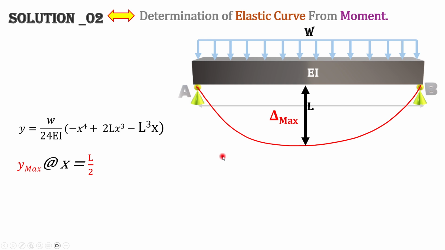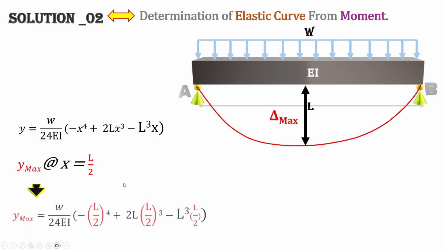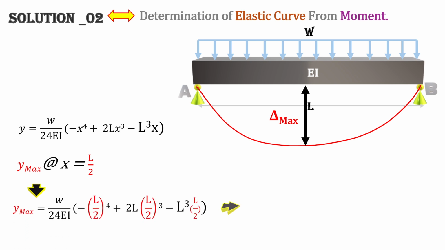We know that the maximum deflection occurs at the center due to the symmetry. So y max is at x equal to L over 2. And by replacing x with L over 2, we reach delta maximum or y max, which is 5WL to the fourth over 384 EI.